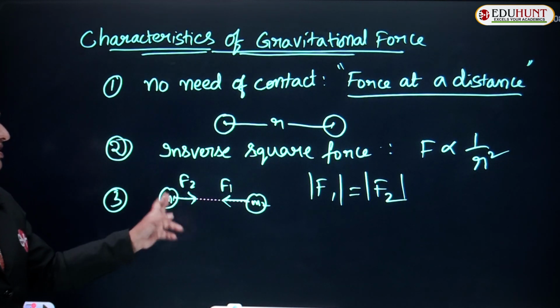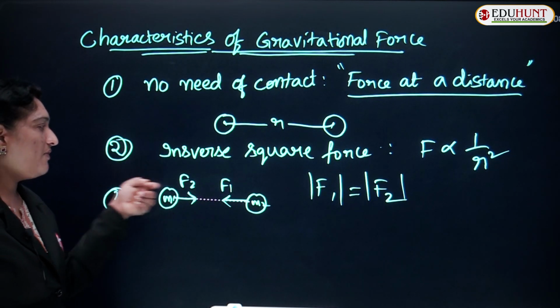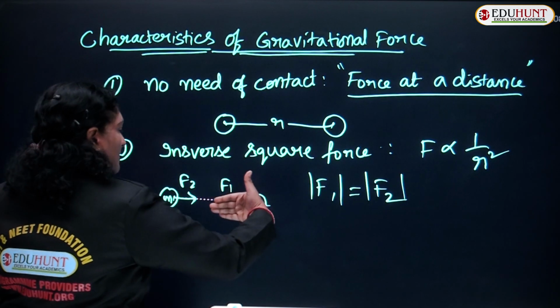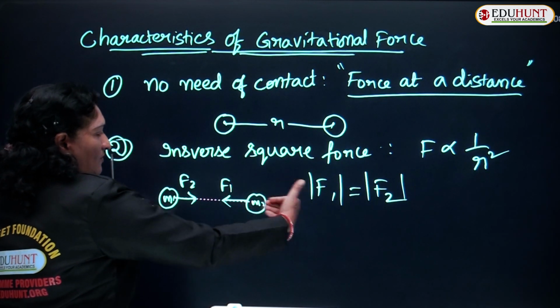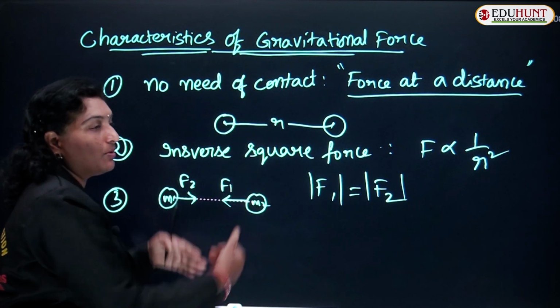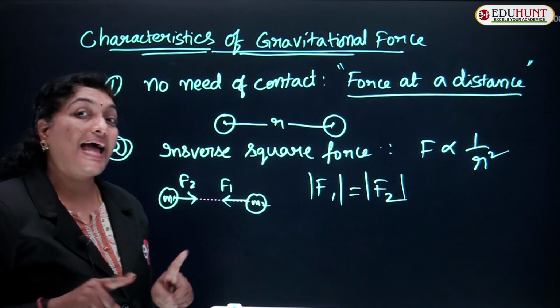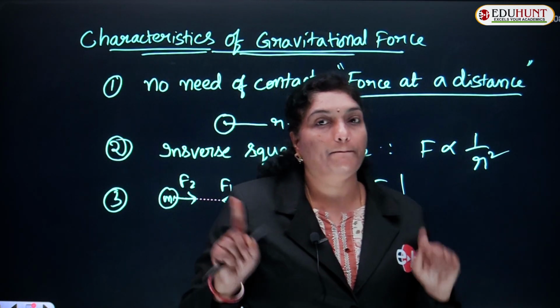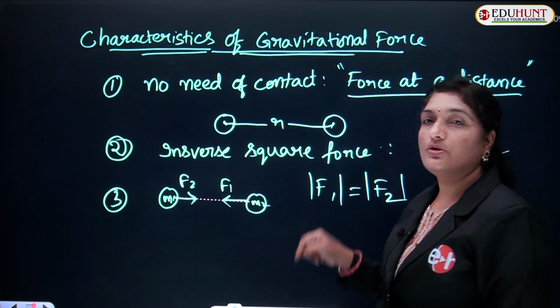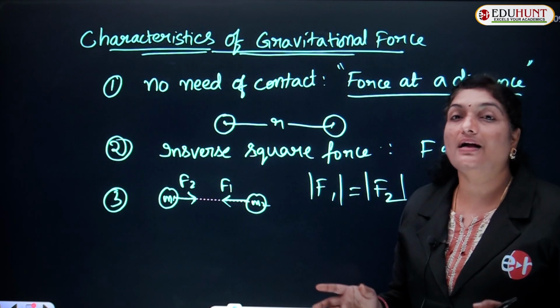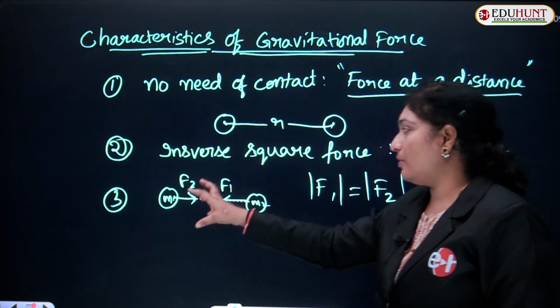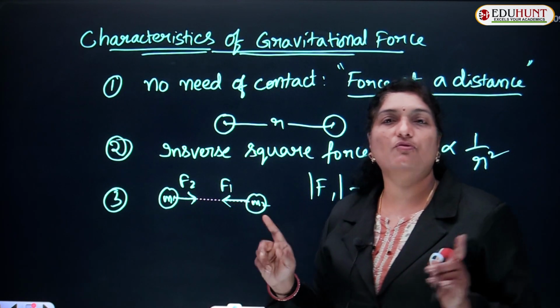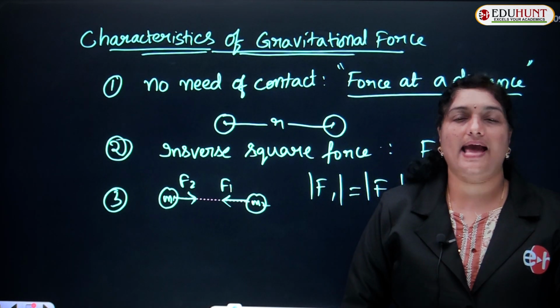The direction is opposite: due to the first body in one direction, due to the second body in the opposite direction. So the direction is opposite, but the magnitude is the same. So we can conclude that the gravitational forces form an action-reaction pair.